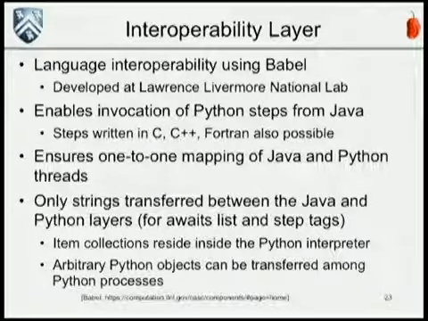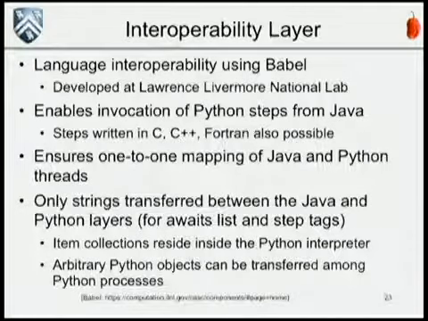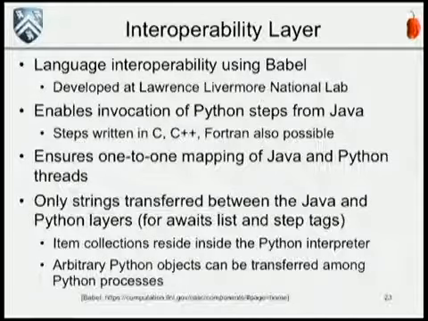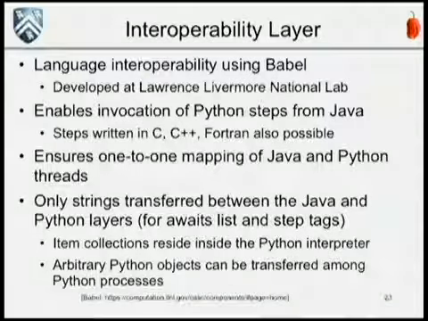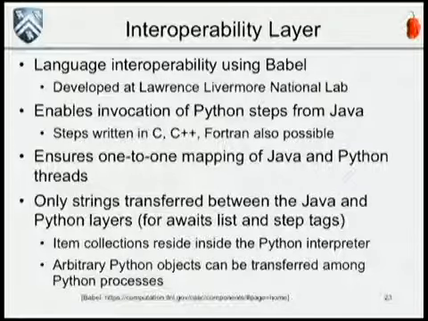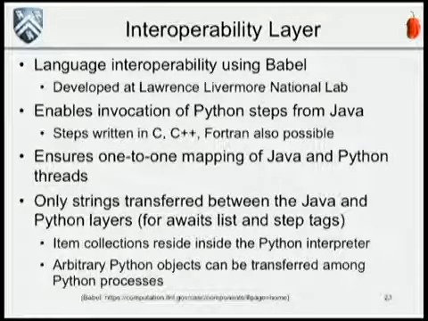Also, since we're using Babel, Babel not only supports Python, it supports C, Fortran, C++, Chapel, and so on. So you can imagine writing your CNC computation where one step is in Python and another step is in C, and another step is in Fortran, and it would all work seamlessly.